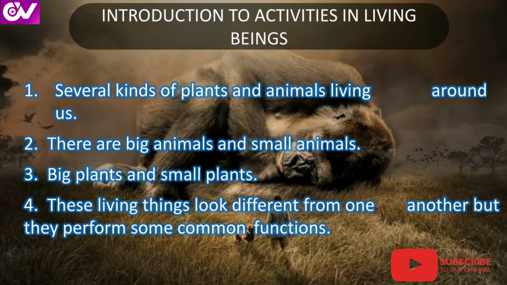Some animals will be larger in size and some smaller, and all the characteristics may differ from each animal. Likewise, in plants also, we have big plants and small plants, where the characteristics slightly differ from each other. These living things look totally different from one another, but they perform some common functions.